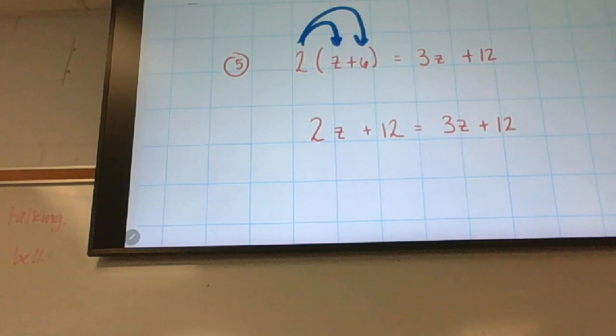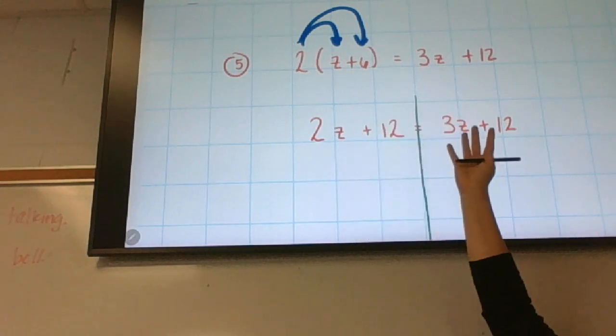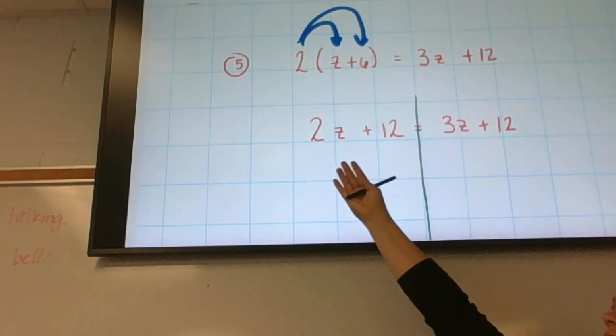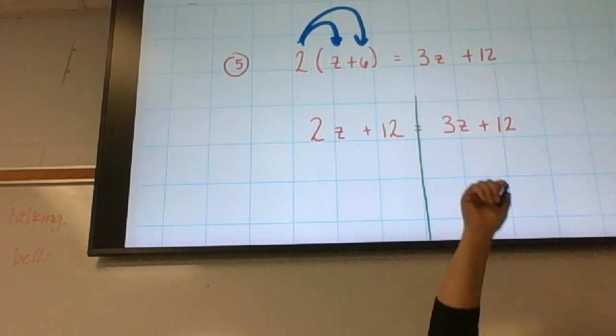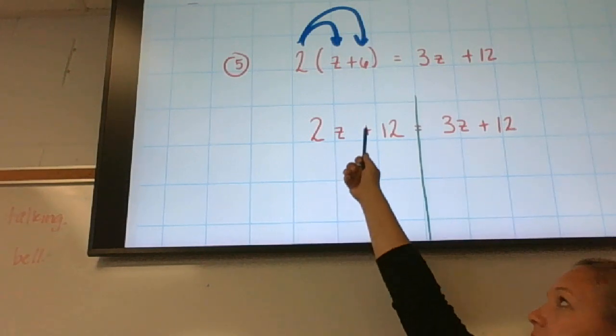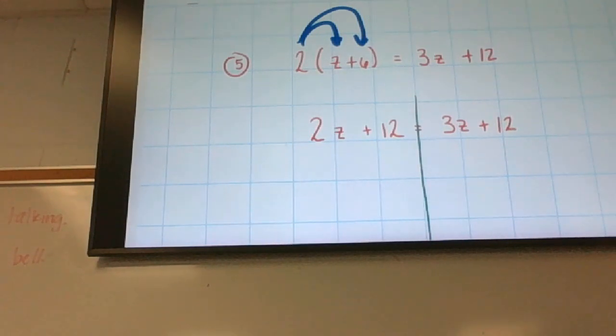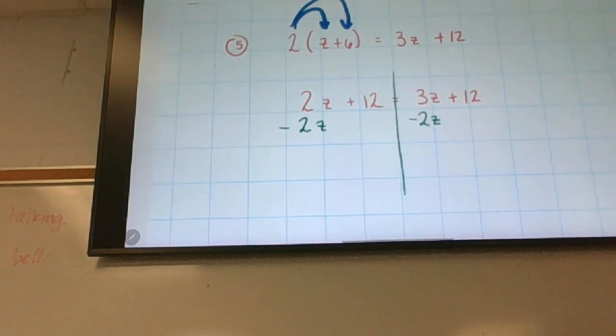Now, there's more than one right way to do this, but when you have the letter separated by the line, you should cancel one out and bring them together. So I'm going to look at this. This is a positive 2. I'm going to subtract it, and I'm going to line it up right underneath the other z.